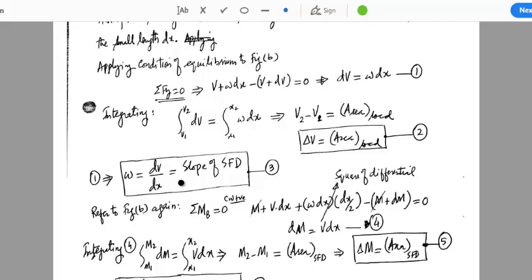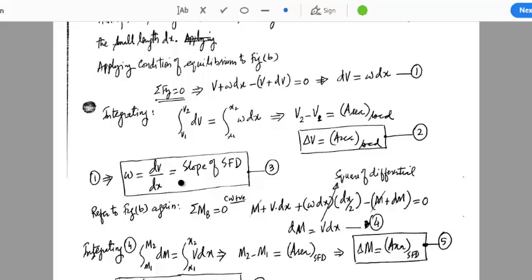If you remember, when we used to decide the slope of the shear force diagram in case of UDL, every time we used to see whether the magnitude of the load is increasing or decreasing, and we would decide the slope of the shear force diagram accordingly. And I used to tell you guys that we will see this relationship in future. So that's the relationship we are looking at today.